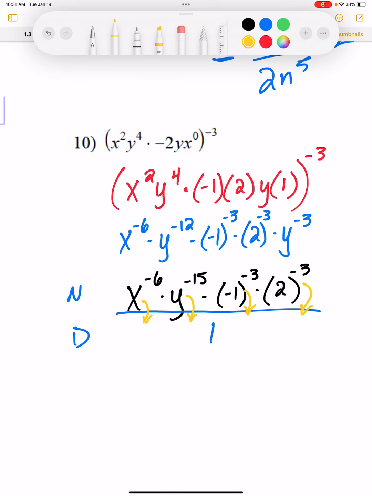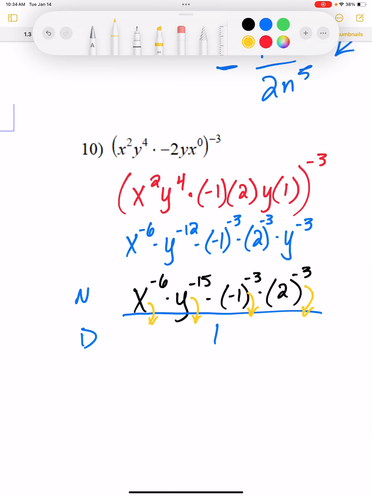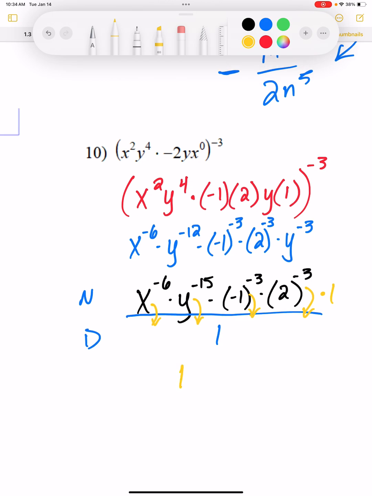So then in the numerator, what do I have? You don't have nothing, you have a 1, because you can say anything is times 1. So you have a 1 in the numerator, and then in the denominator you have x to the positive 6, y to the positive 15th. Now this becomes negative 1 to the positive third times 2 to the positive third.